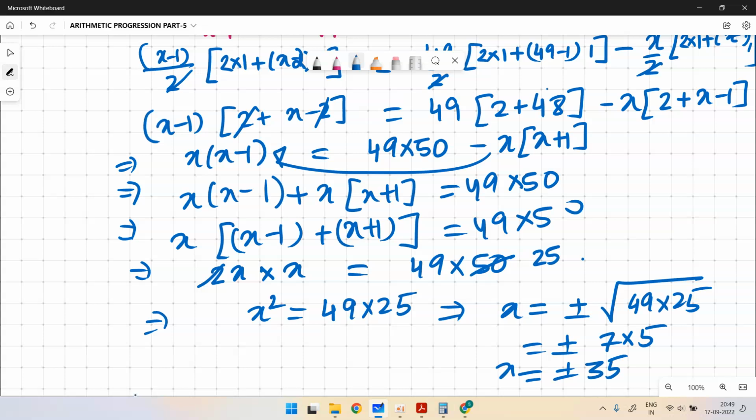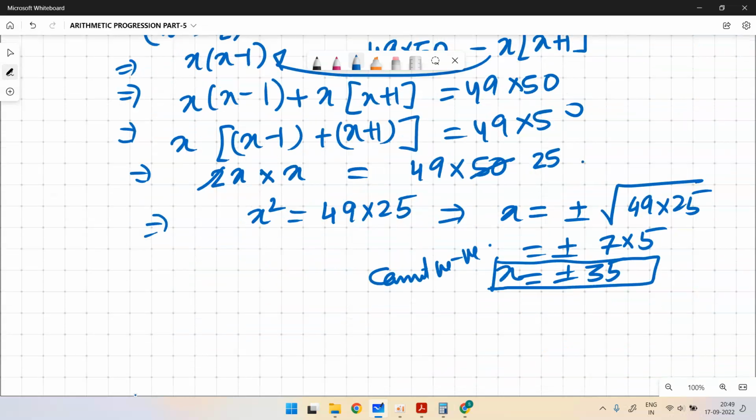But since x is a house number, it cannot be negative. So I'm discarding the negative value, which implies the value of x is only plus 35.